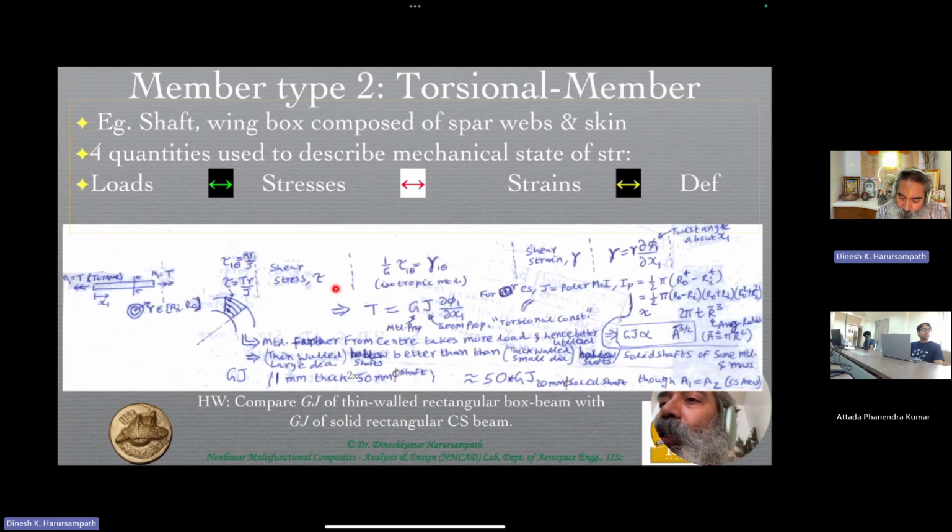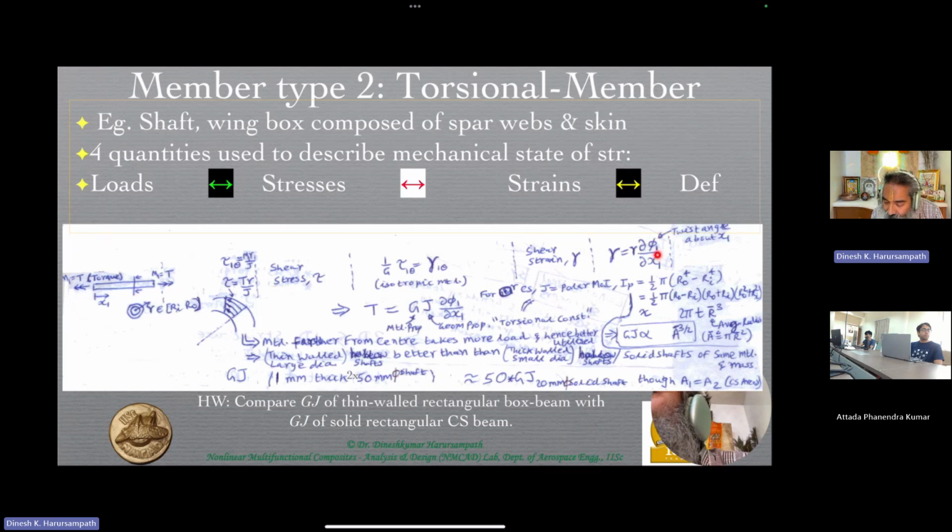That's the stress, tau 1 theta, and the next variable is the strain, which is also a corresponding shear strain. As long as you have a composite in the principal material directions, you will not have any couplings, and that is the only strain, in fact, gamma 1 theta, which will be there. And that gamma 1 theta in turn is related to the deformation, and that deformation in this case is denoted by phi.